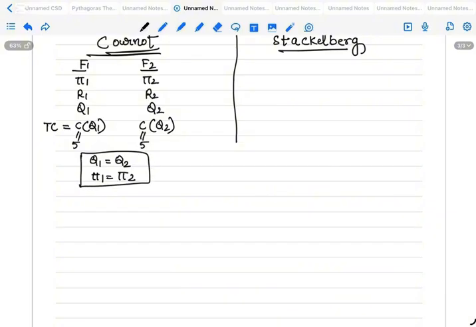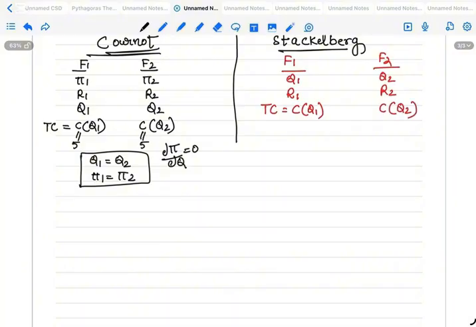And how is it calculated? Dou pi by dou Q equals 0 to maximize the profit, giving quantities Q1, Q2, revenues R1, R2 and total costs C of Q1, C of Q2. Here they gave 5 Q1 and 5 Q2.